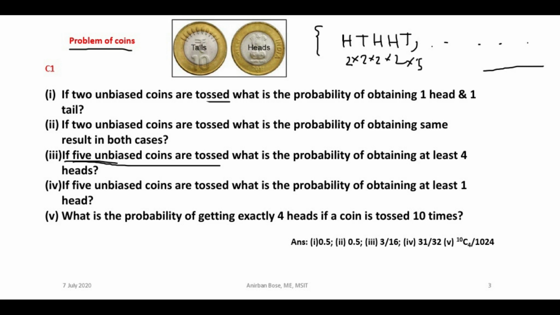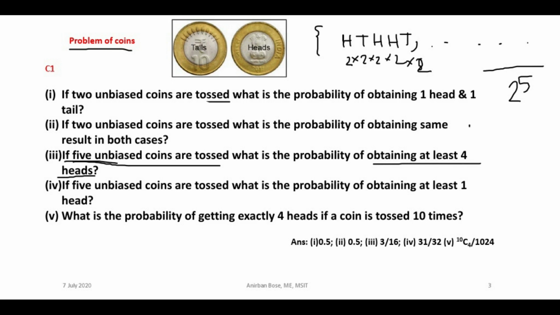So definitely this will be 2 to the power 5. So 2 to the power 5 is the total number of cases when 5 unbiased coins are tossed. Now what is the event here? The event is obtaining at least 4 heads.